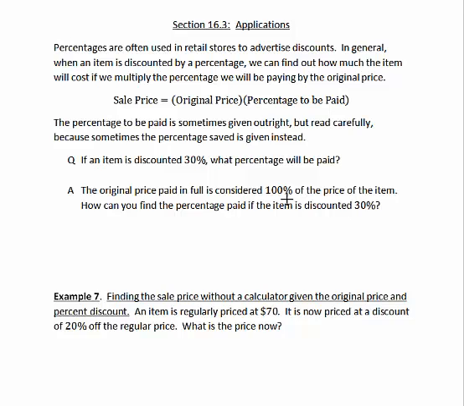However, if it's discounted 30%, then that means we're taking the original price and subtracting 30% from it, and so we are going to pay 70% of the original price.